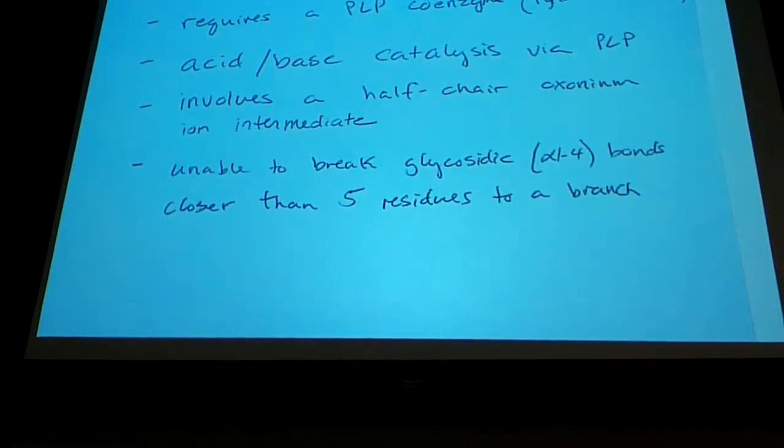I would imagine that's what fits into the active site, and at a branching point, there's this great big group coming off, and at some point the enzyme can't get in to where it needs to work.